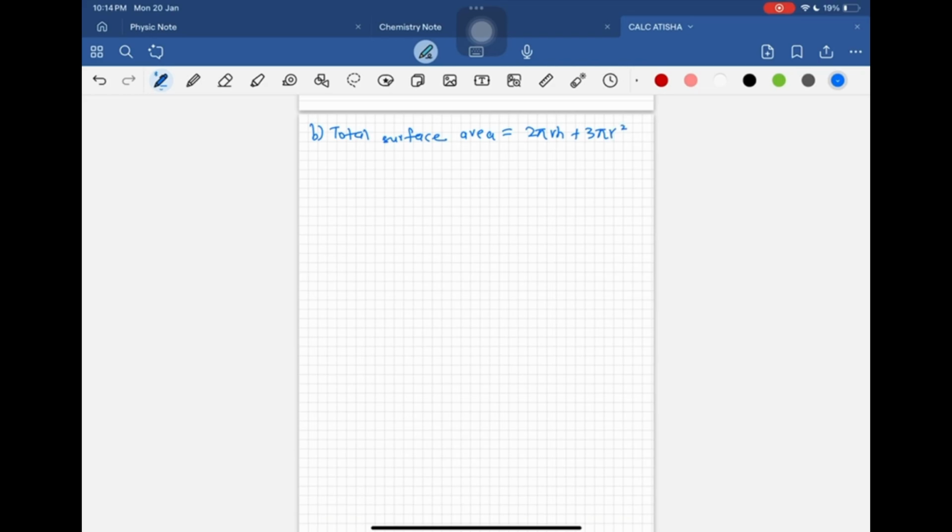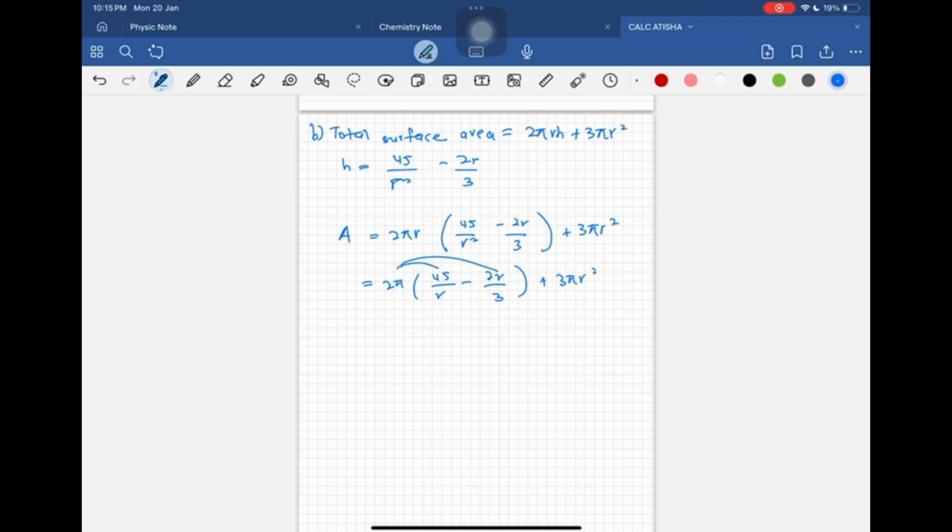In question 2b, we calculate the total surface area of the container by combining the contributions from the cylindrical part, the hemispherical lid, and the circular base. The curved surface area of the cylinder is 2 pi r h. The curved surface area of the hemisphere is 2 pi r squared, and the area of the circular base is pi r squared. Adding these together, we get A equals 2 pi r h plus 3 pi r squared.